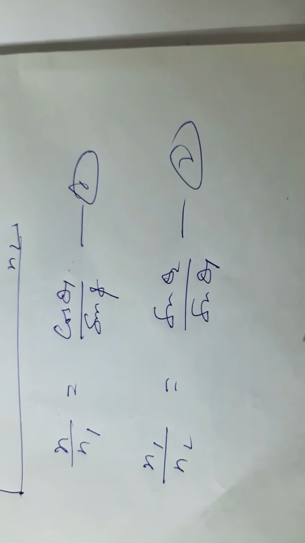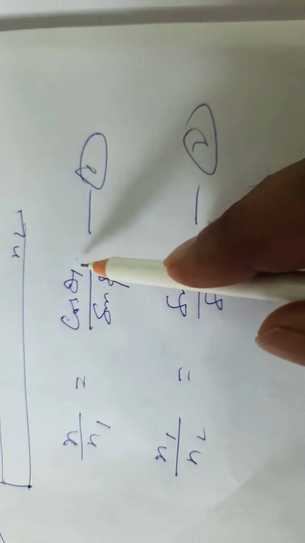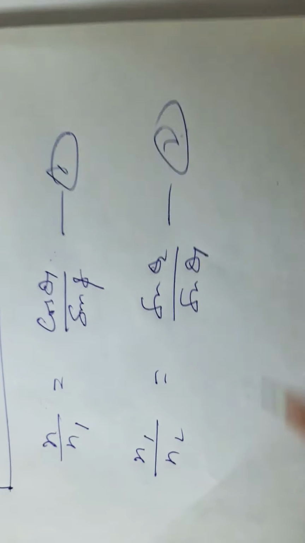Now substituting for theta 1 from equation 2 into equation 1 gives us an expression for phi.